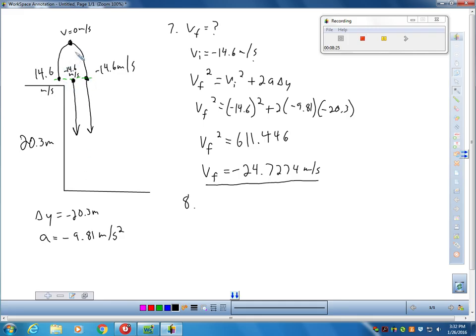But once it gets back to here, the end of its trip is identical to the trip of the first ball, which means that for number 8, its final velocity is also going to be negative 24.7274 meters per second. And I didn't actually have to do anything. Again, remember that you're going to take the absolute value of that. So I didn't actually have to do any more work to figure that out. You just had to do a little bit of thinking.